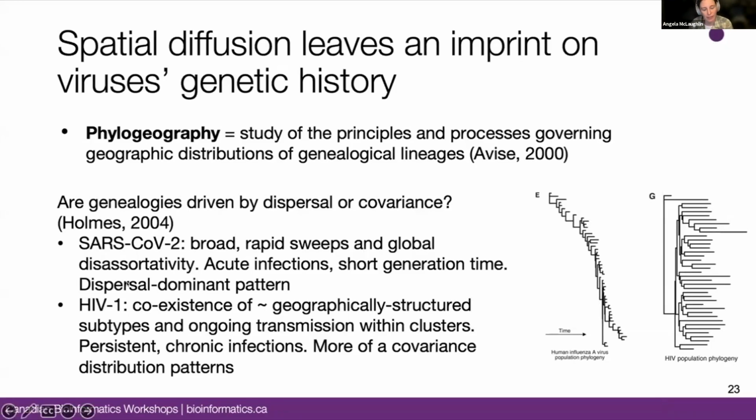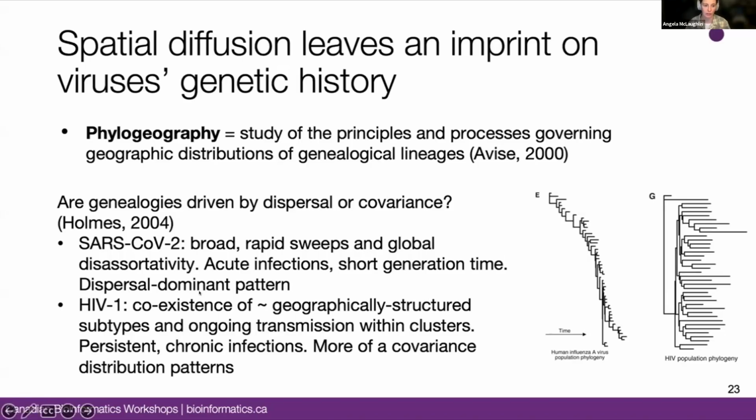And here, some of the focuses of phylogeography historically have been whether genealogies or phylogenies are driven by the dispersal of viruses across hosts and geographies, or covariance, where the host and the virus are co-diverging together.